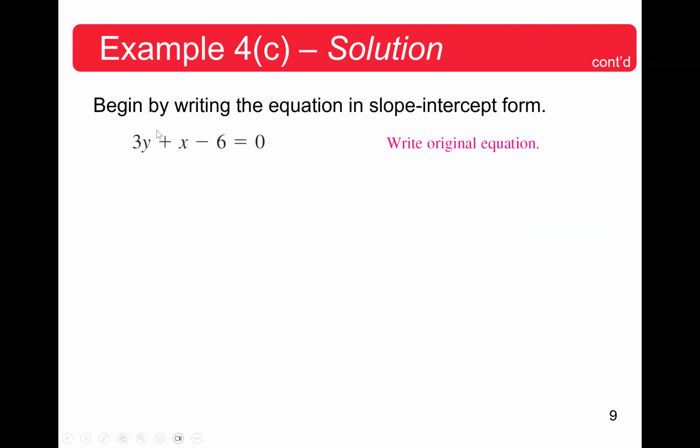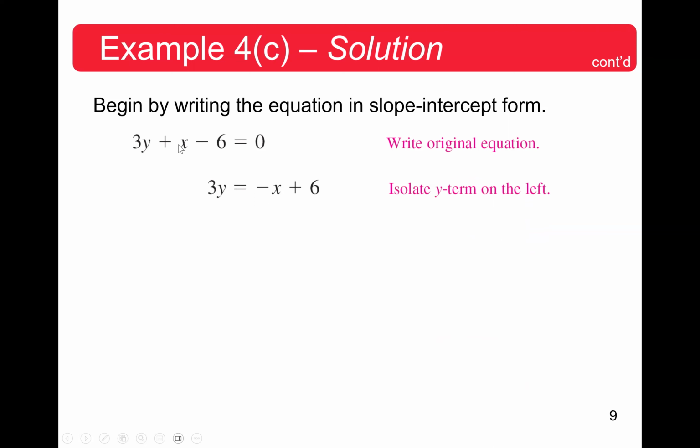The last example is 3y plus x minus 6 equal to 0. Here we can begin by writing the equation in slope-intercept form, like the first example. We solve for y.